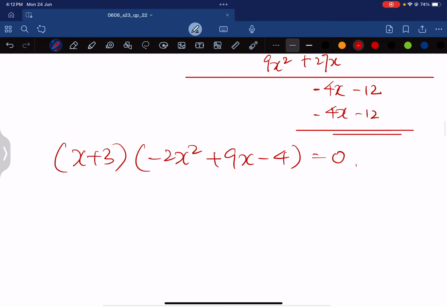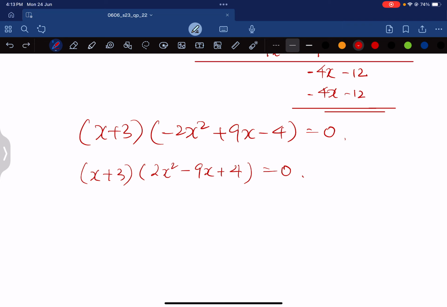For the sake of convenience, to factorize it conveniently, we make the coefficient of x squared positive by factorizing the negative out and dividing by negative on both sides of the equation.